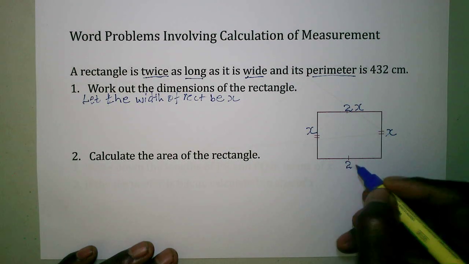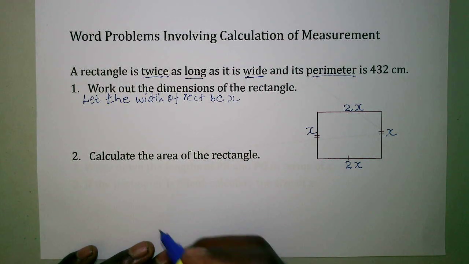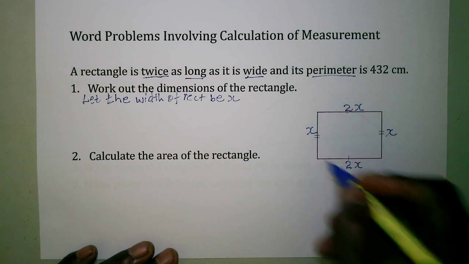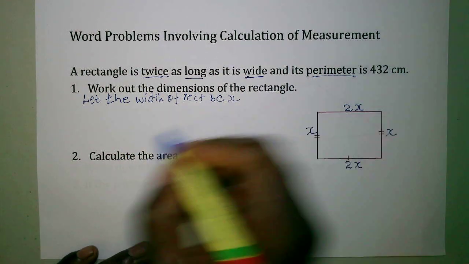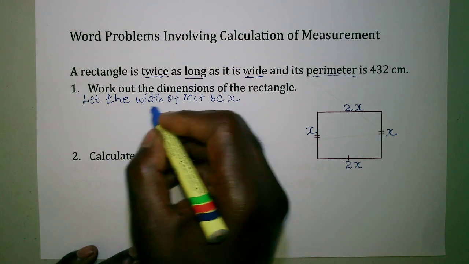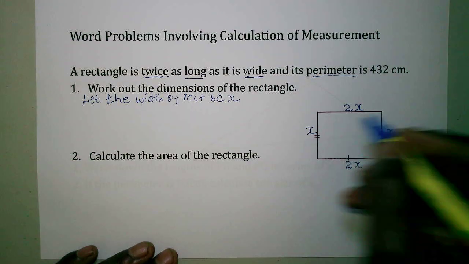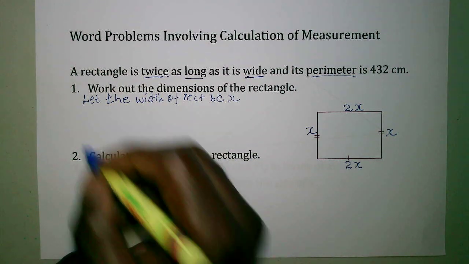So the length is twice the width. Now we are told that the perimeter of this rectangle is 432 centimeters. Now we must work out the dimensions of the rectangle, what the width is and what the length is.